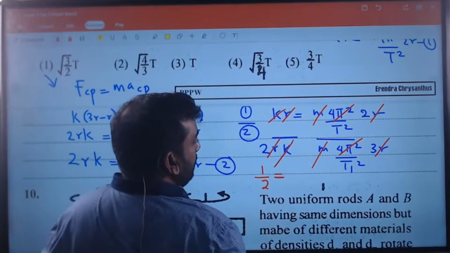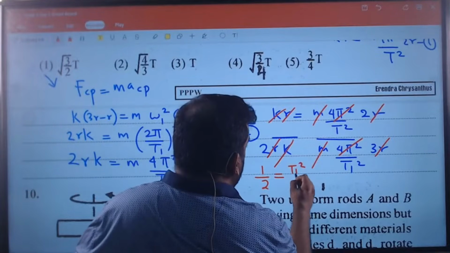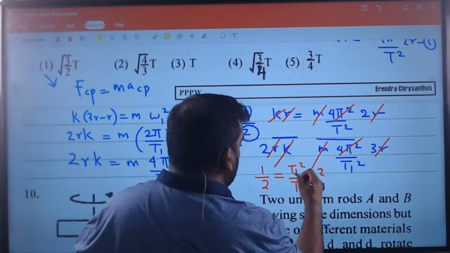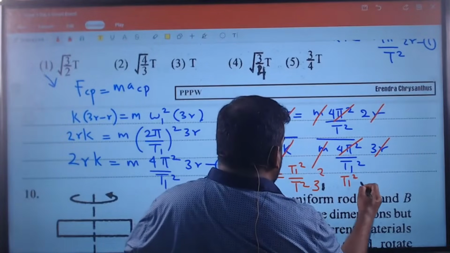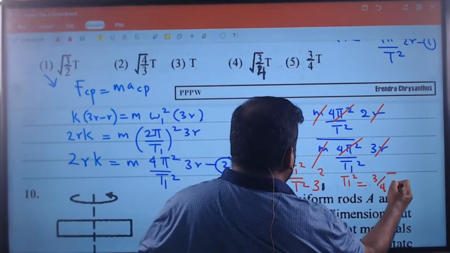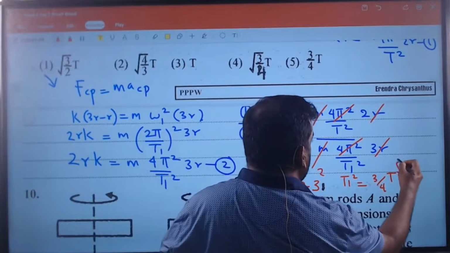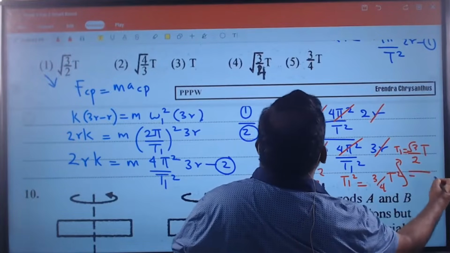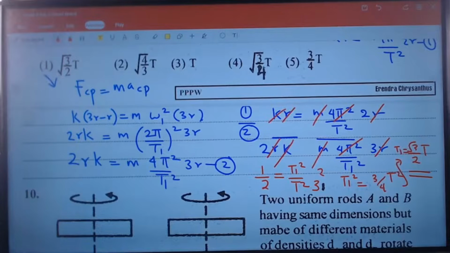Half here, T1 squared goes on top: T1 squared over T squared equals 3 over 2 times a half. Cross multiply: T1 squared is 3 over 4 T squared. From this you can find T1. T1 equals root 3 divided by 2 into T.